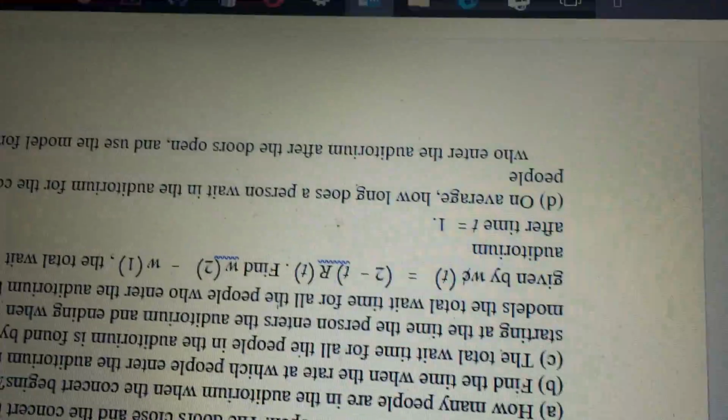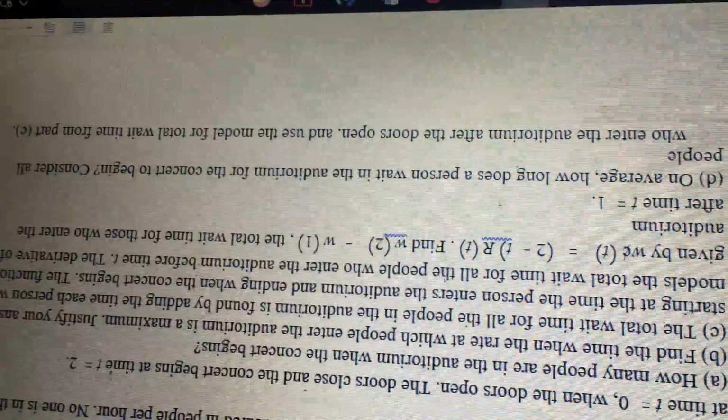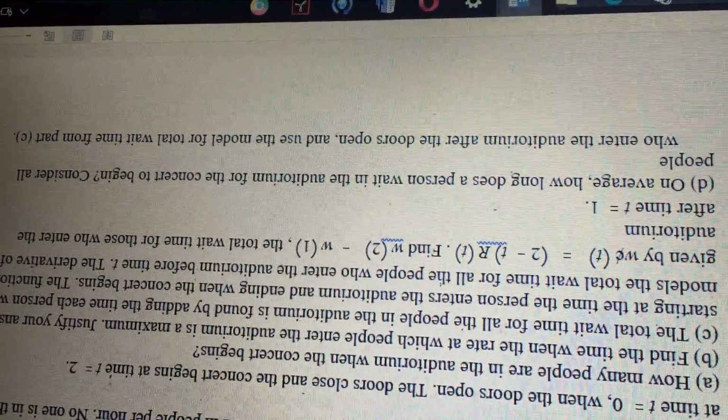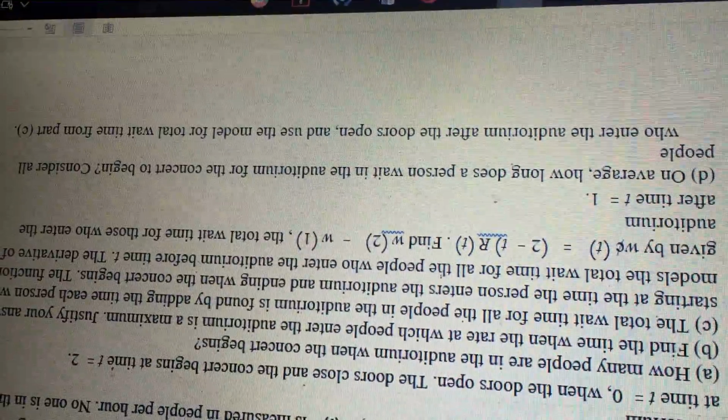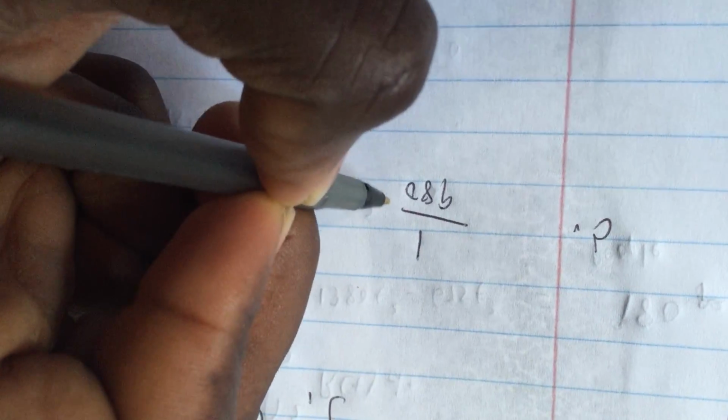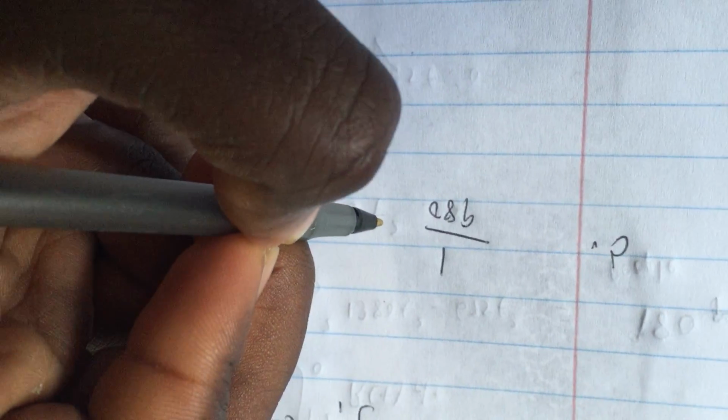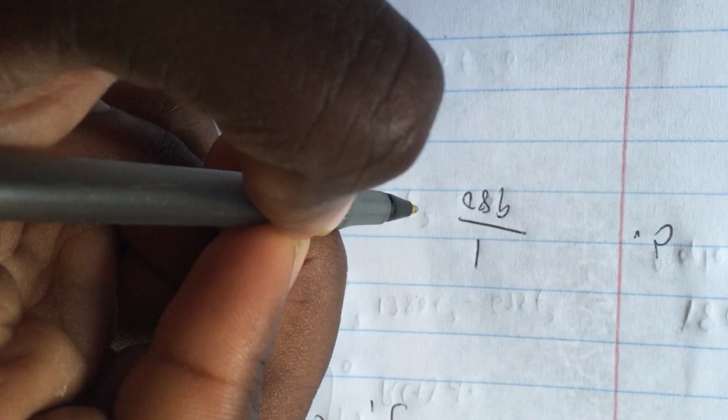Now, for the last part of this problem, D, we have: on average, how long does a person wait in the auditorium for the concert to begin? Consider all people who enter the auditorium after the doors open and use the model for total wait time from part C. Basically, we're going to use that model, but with a spin on it. It's going to be 1 over the total amount of people in there, similar to an average value formula.